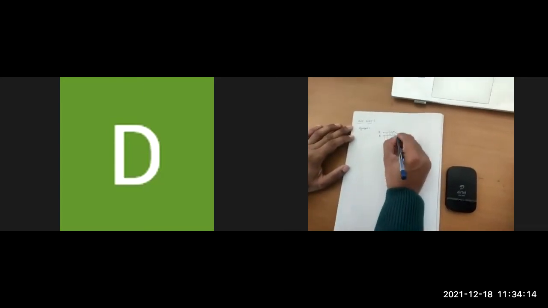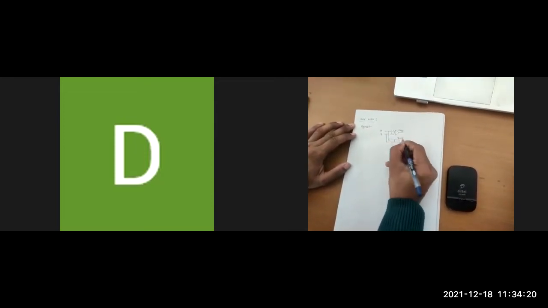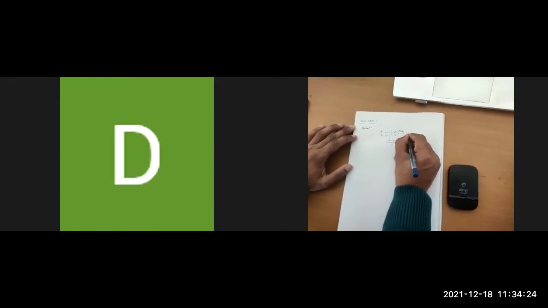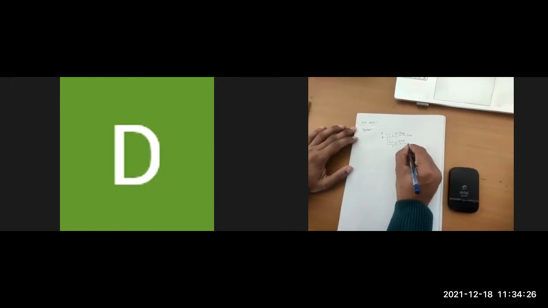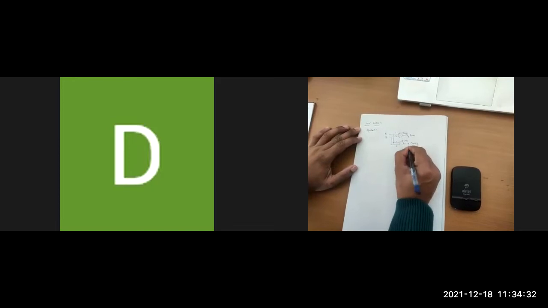This is the IC number here, this is 7486 and this is 7408. This is for sum and this is for carry. This is the output.